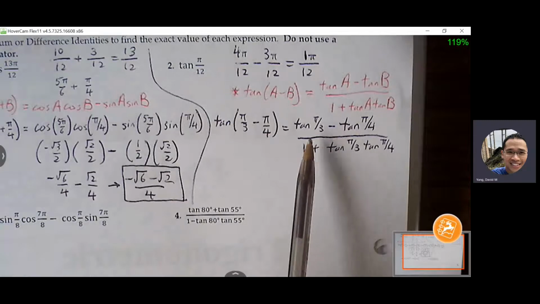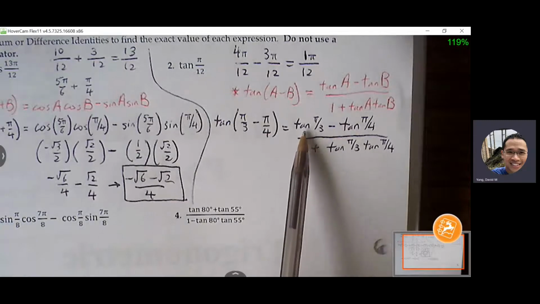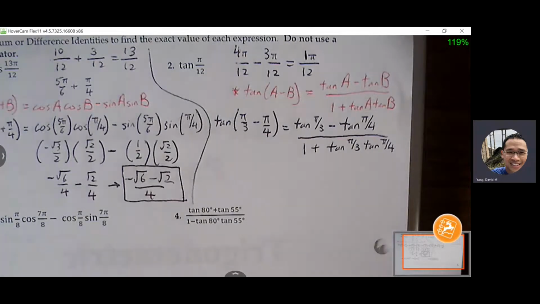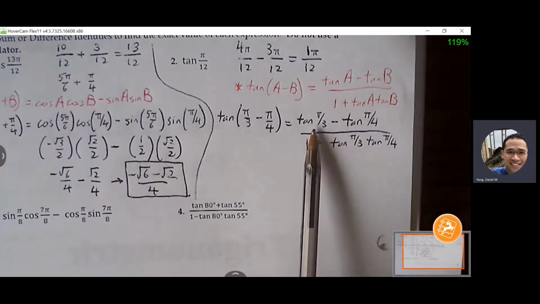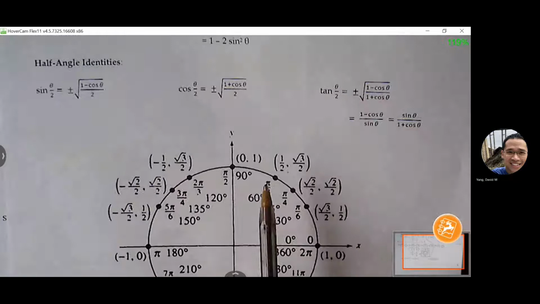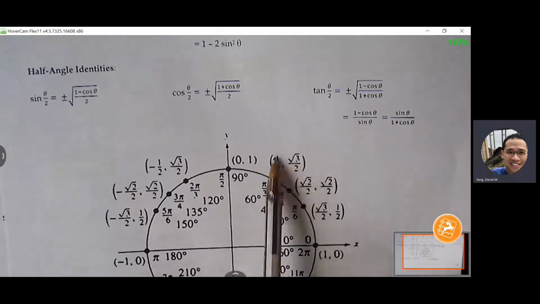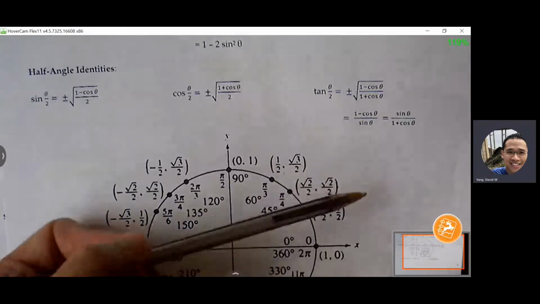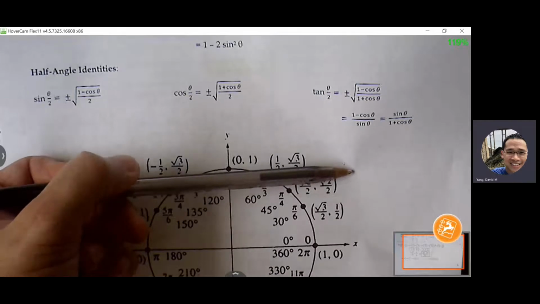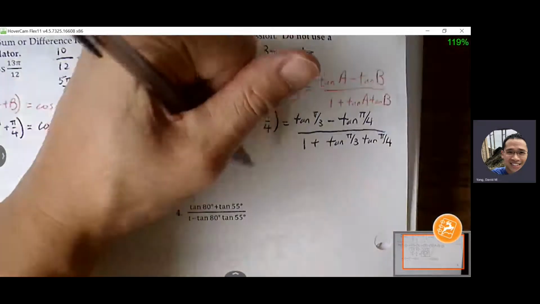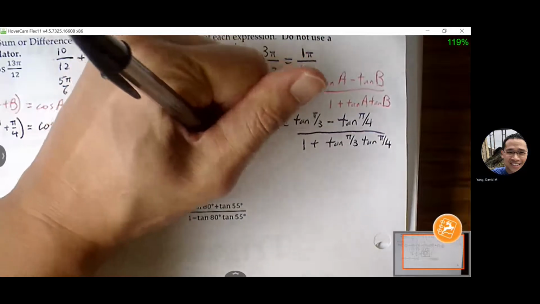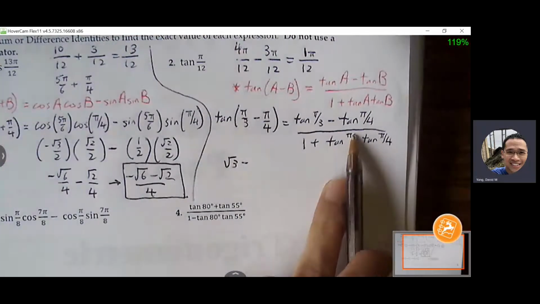Okay, we go to our unit circle. Remember, tangent is just y over x. Just divide the numerators. Just ignore the denominator when you're looking at your unit circle. Okay, what's tangent of π/3? Yeah, square root of 3 over 1, which is square root of 3, right? Ignore the denominator. Just look at the top, y over x, root 3 over 1. Okay, tangent of π/4?